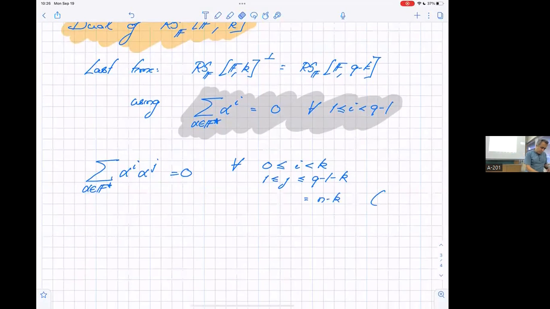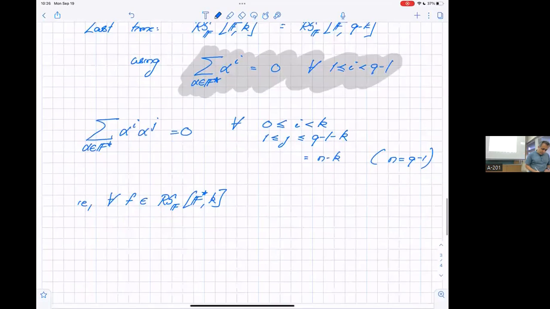Here n is equal to q minus 1, because we are working with the evaluation set being the multiplicative group. So for all f in RS F star k, we have the summation of f alpha times alpha power j over alpha in F star is 0 for all 1 less than or equal to j less than n minus k.